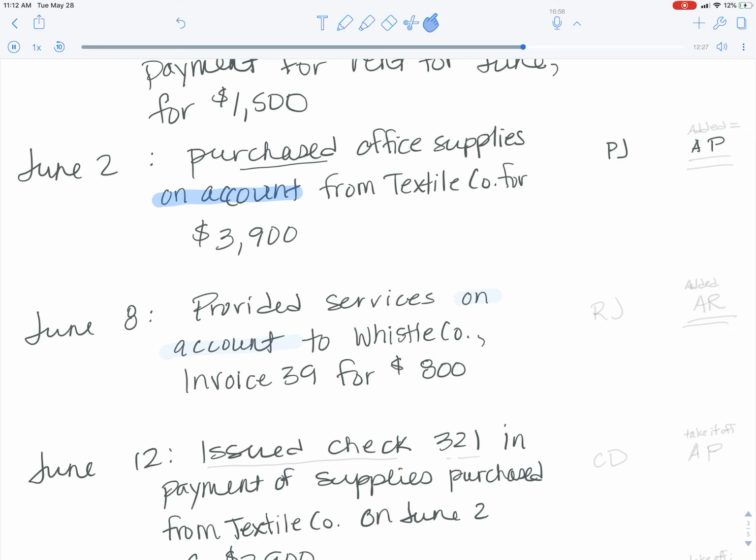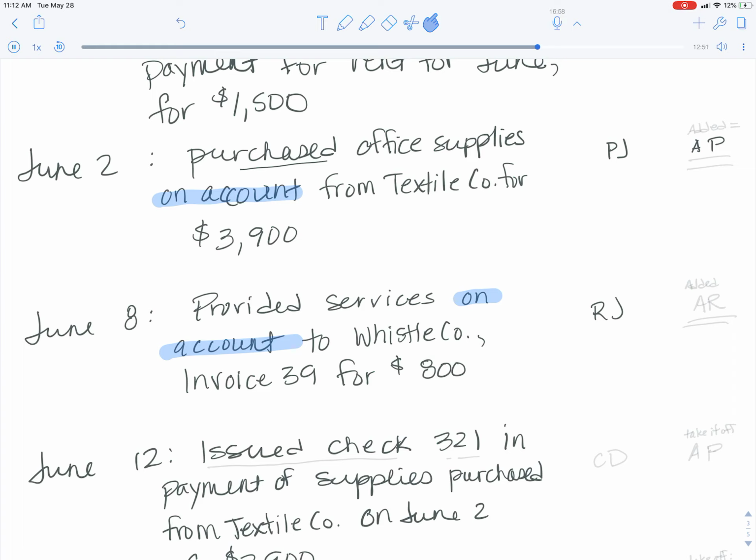On June 12th, we issued check 321 in payment of supplies we purchased from Textile Company on June 2nd. So here on June 2nd, we put it on the list. We added it to our subledger. And on June 12th, we paid for it. So there's two things. We have to first figure out the journal.